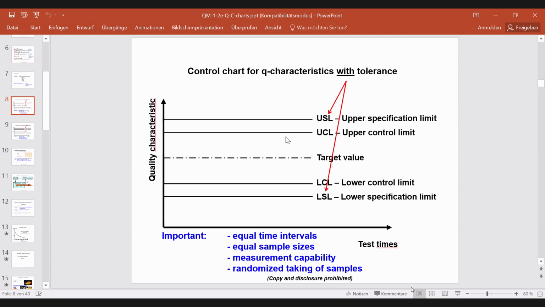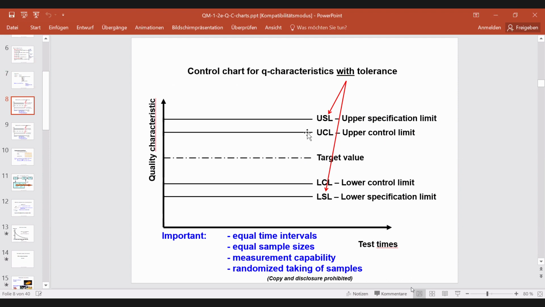And now every time a measurement is out of the control limits, this means above the upper control limit or below the lower control limit, every time this happens, the process has to be stopped and they must make a corrective action to bring the quality between the control limits again.